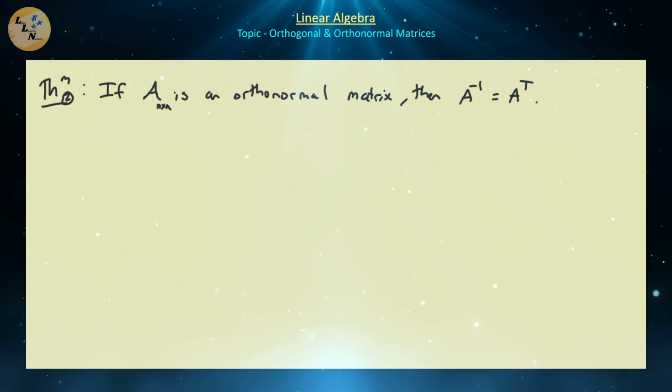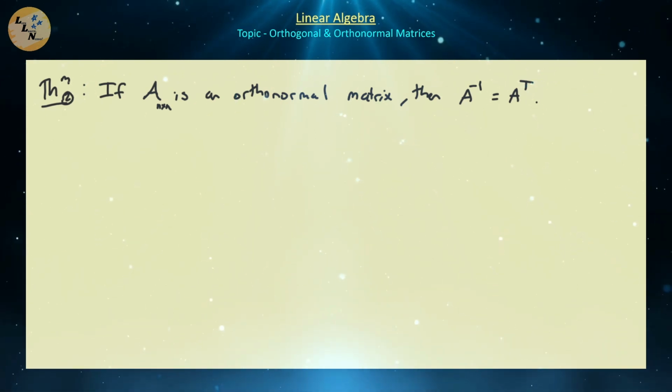The next theorem that I want to take a look at is probably the most iconic theorem associated to orthonormal matrices. So let's assume that A is a square orthonormal matrix, and we're interested in finding, say, the inverse of that orthonormal matrix.